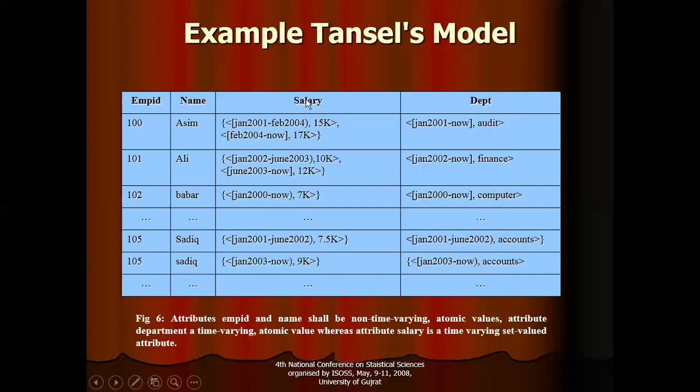There are two attributes, salary and department, chosen as the temporal attributes, and a particular value is associated with an interval, for example 15K in the interval January 2001 to February 2004. There is another value from February 2004 to now. Now represents the current date, or up till now, you can say.